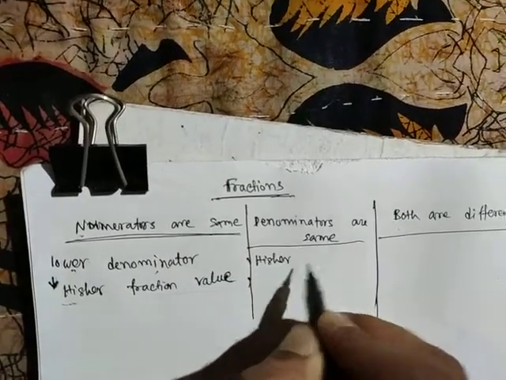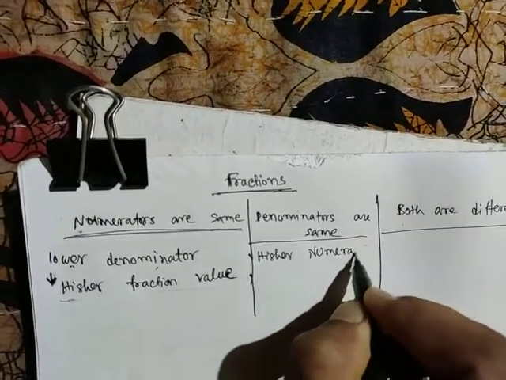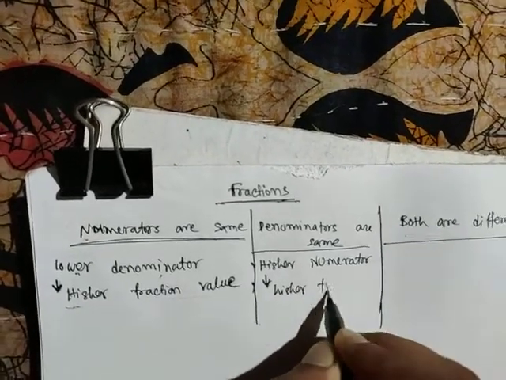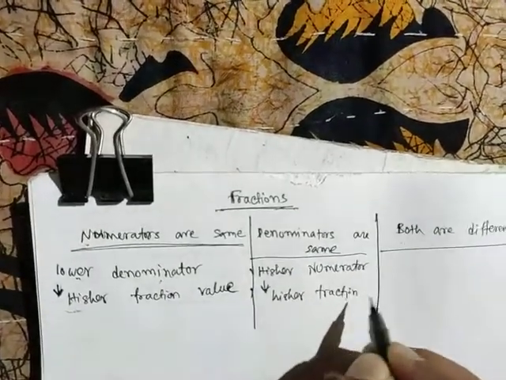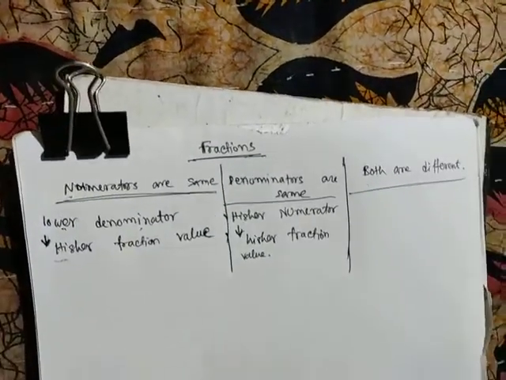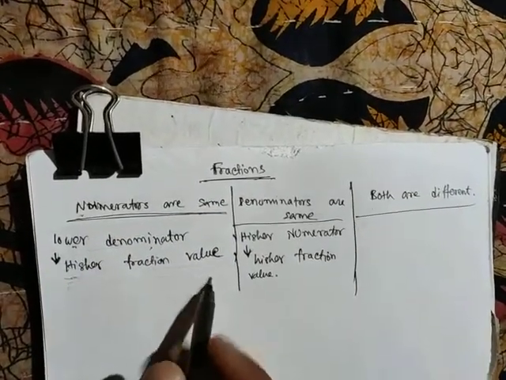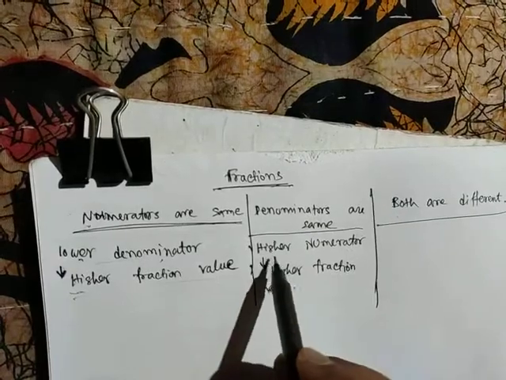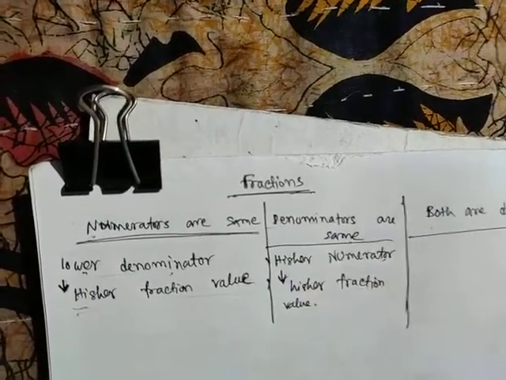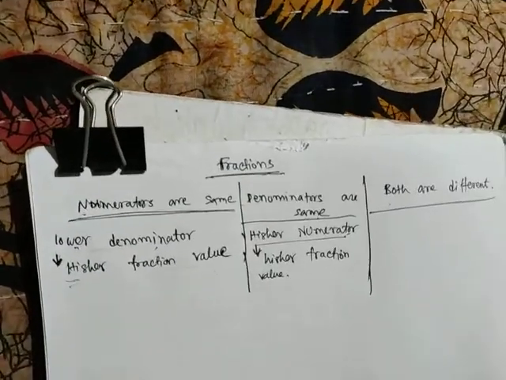Next, when denominators are the same but numerators are different, a higher numerator means higher fraction value. See, when numerators are the same, lower denominator means higher fraction value, but when denominators are the same and numerators different, higher numerator means higher fraction value.